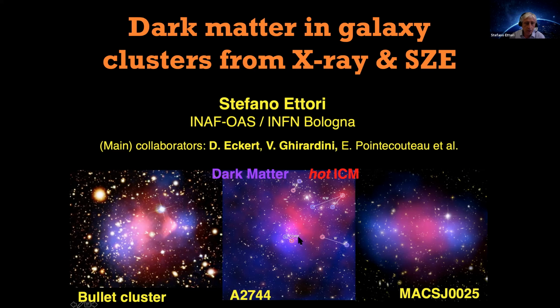And the level of collisionlessness is represented by the relative displacement between the hot gas and the dark matter distribution. We know that the hot gas is collisional, and indeed the fact that this mismatch is on the order of a few tens up to 100 kiloparsec is telling us something about how non-collisional the dark matter is.